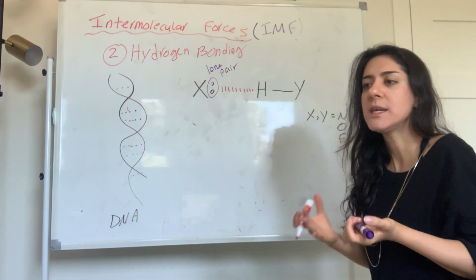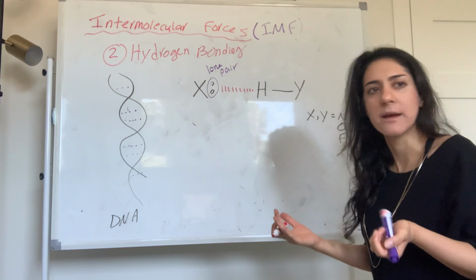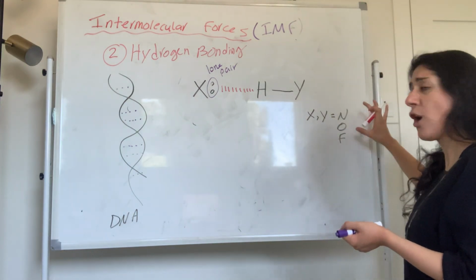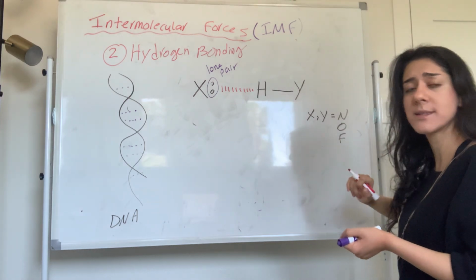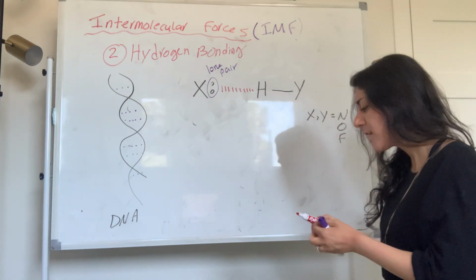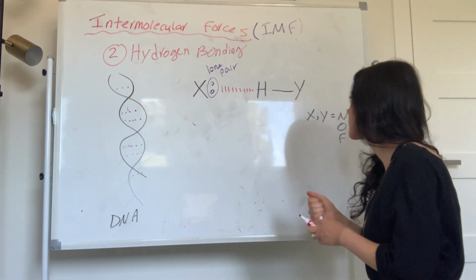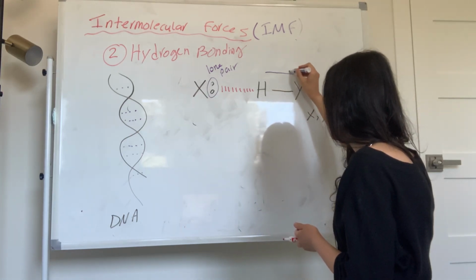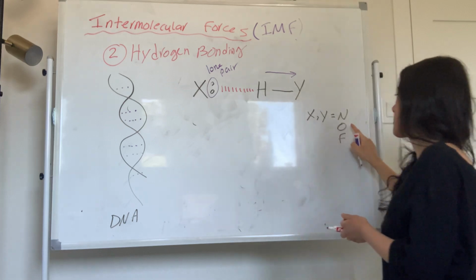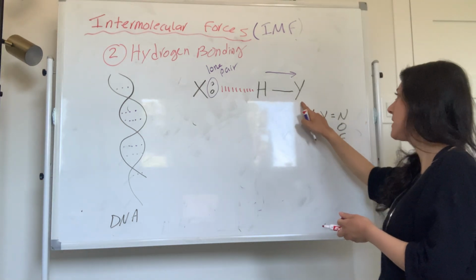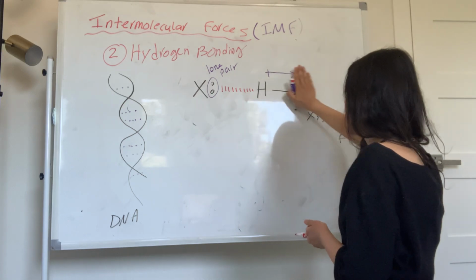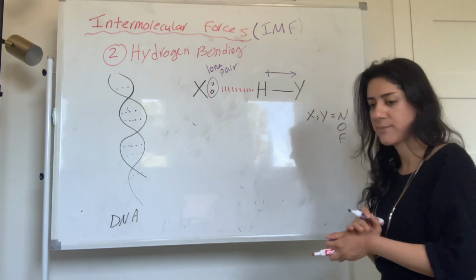Because the way I teach EN is kind of like, who's the stronger, right? That's the way to look at it. Who's the stronger? And these three guys are strong guys on the periodic table. So what that means is they are pulling the electron towards themselves. So in this bond, hydrogen has a lower EN than nitrogen, oxygen, or fluorine, and that means the electrons are pulling this way.